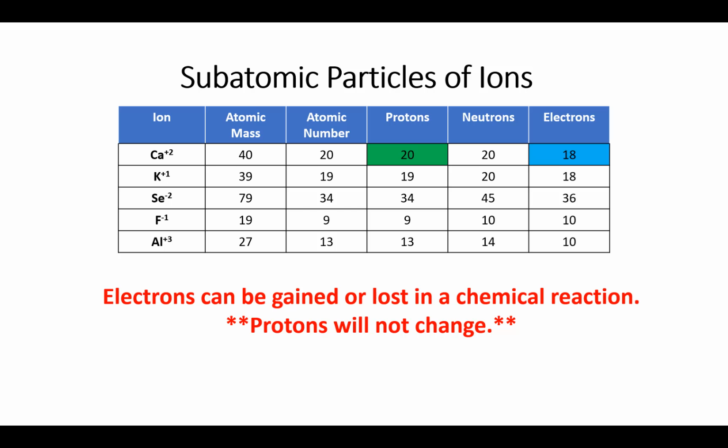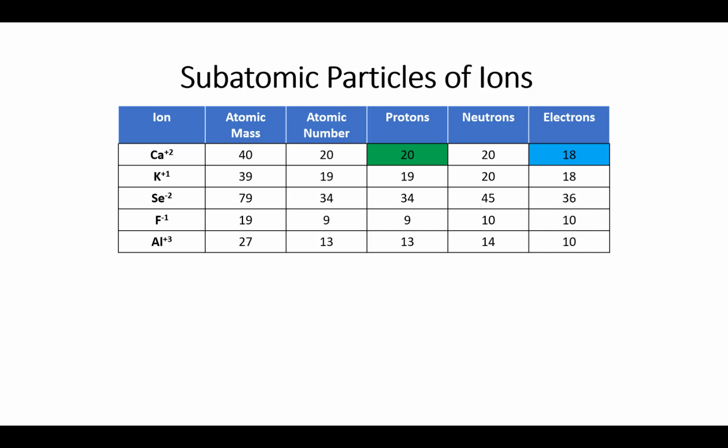So how do we figure out what's going on with the charge and where does it actually come from? Let's take a closer look. If the protons all have a +1 charge, and in this particular ion there are 20 of them, that gives us a total charge in the nucleus of +20. Now on the outside, we've got those 18 electrons, and we know that those are all negative.